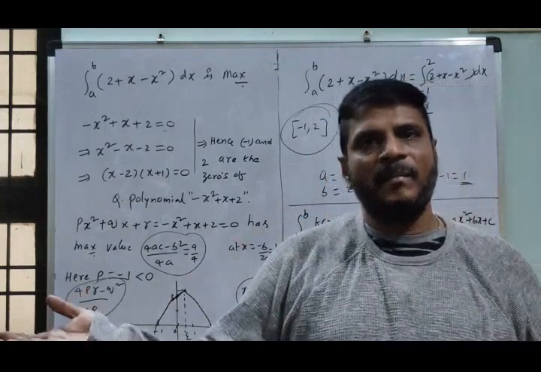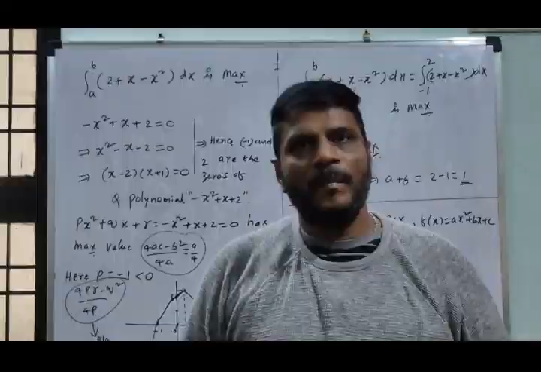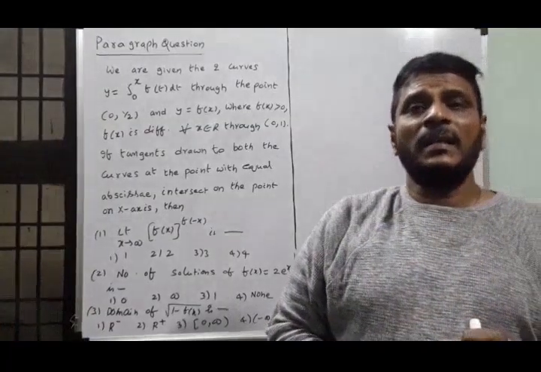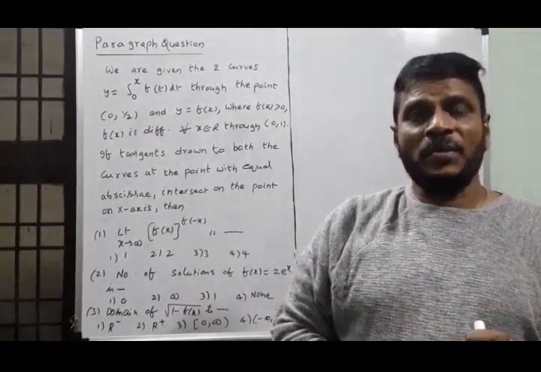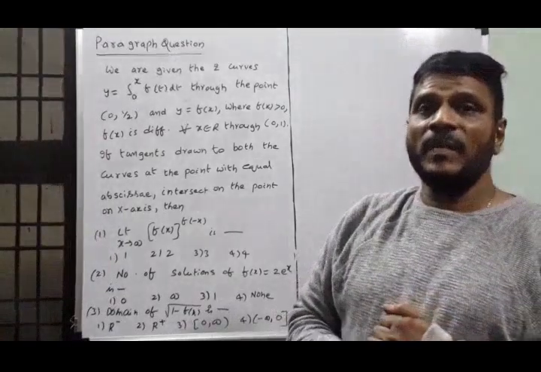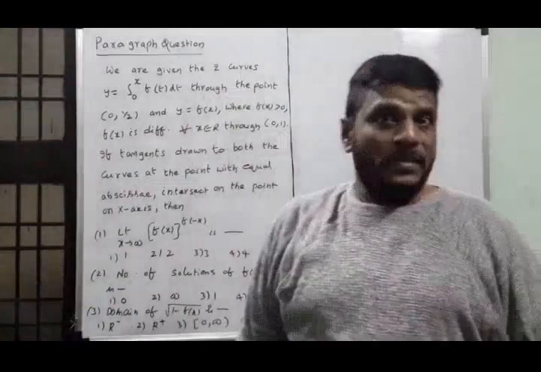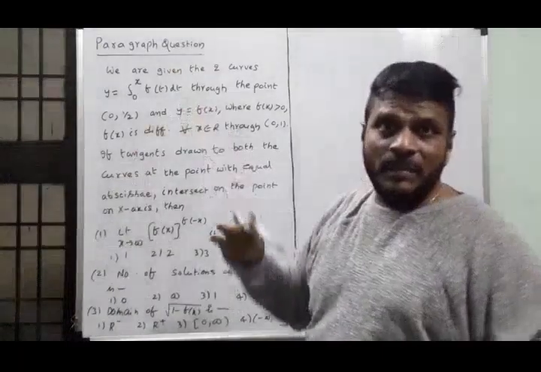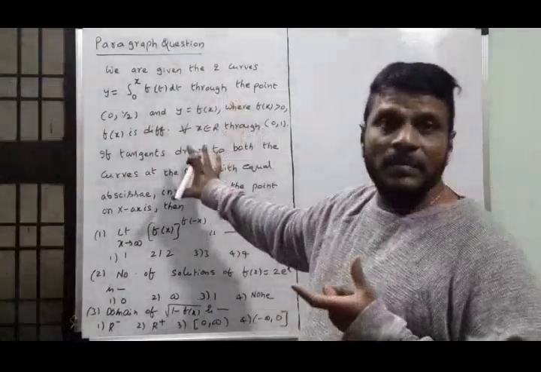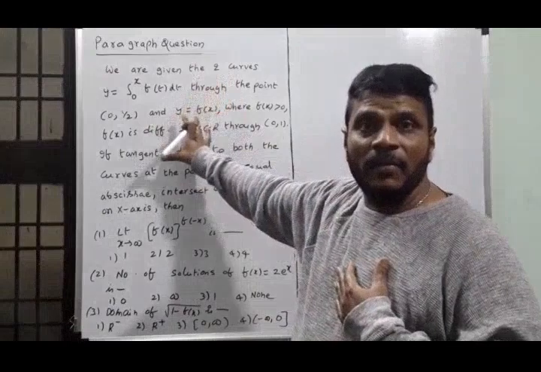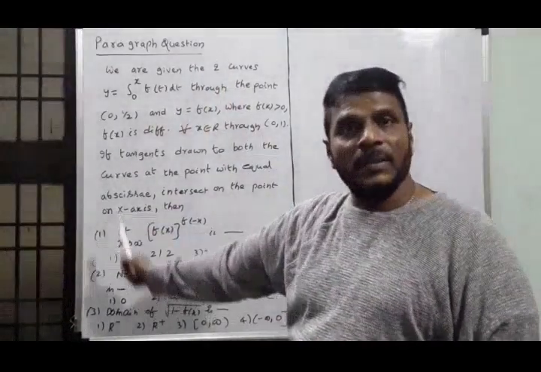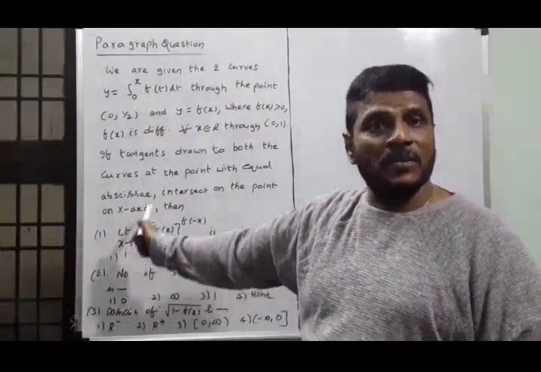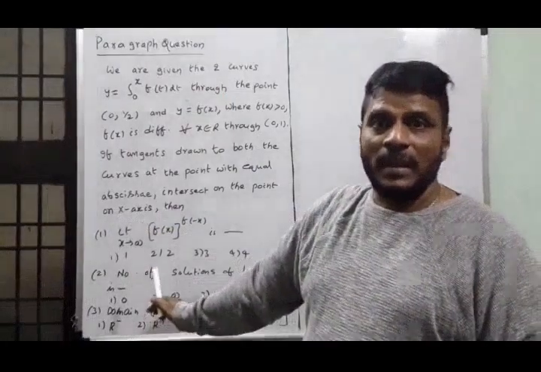That's it. We are going to solve another advanced type of question, which is a paragraph type question. In this type of question, one paragraph is given to you, and based on that paragraph you have to answer the 2, 3 or 4 questions below.